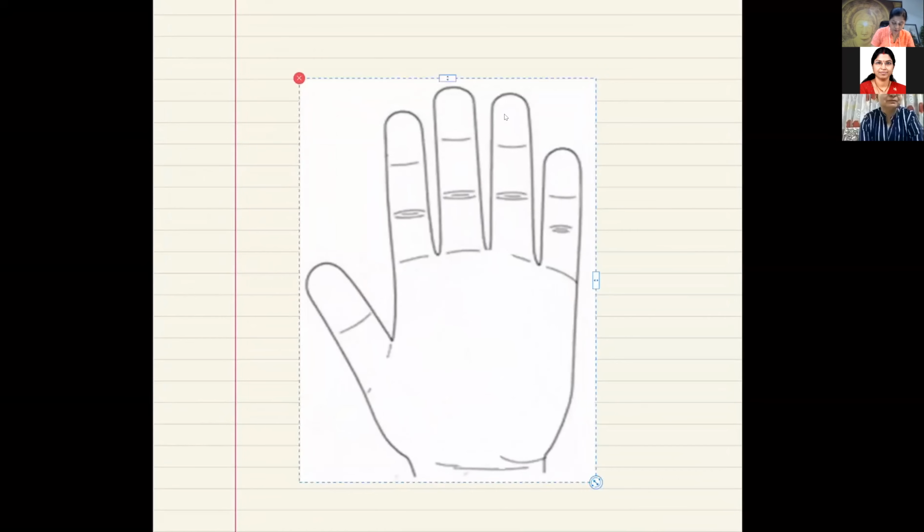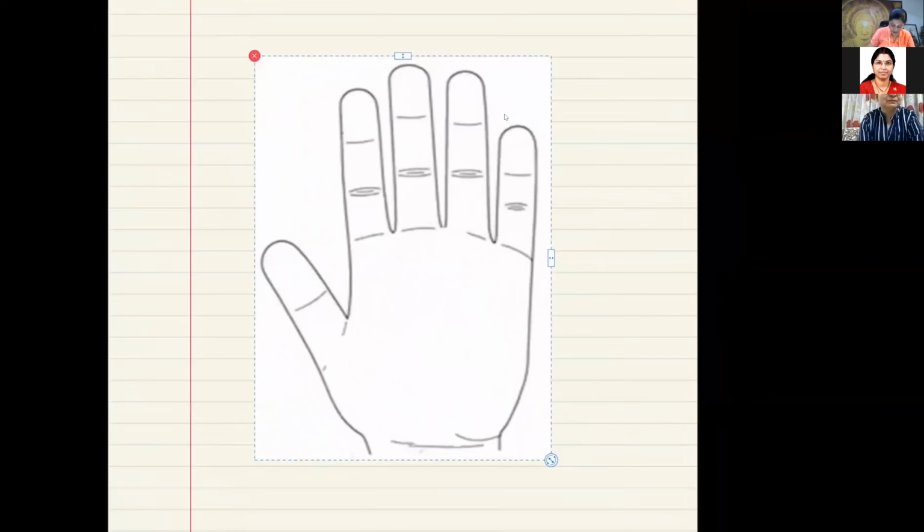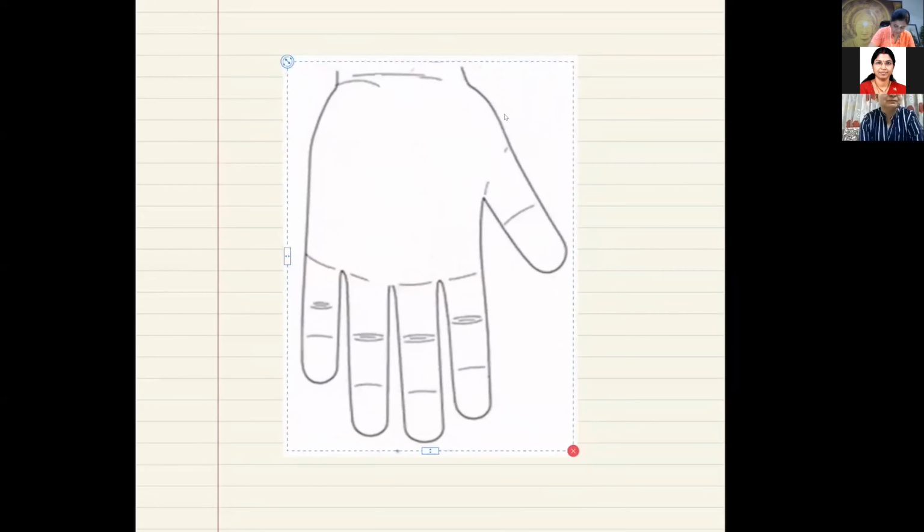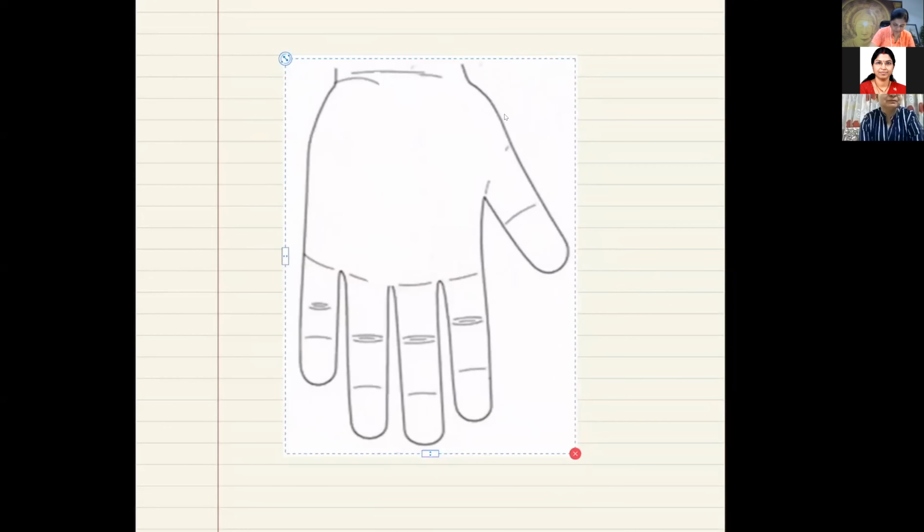In Sujok, see, this is your left hand. This is your face. This is your neck.